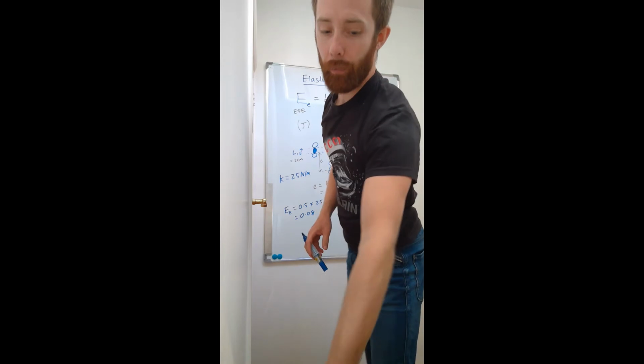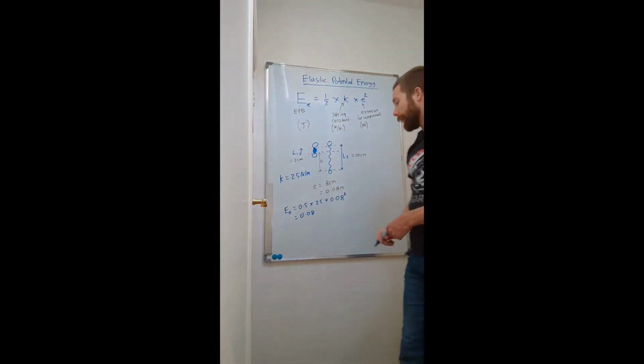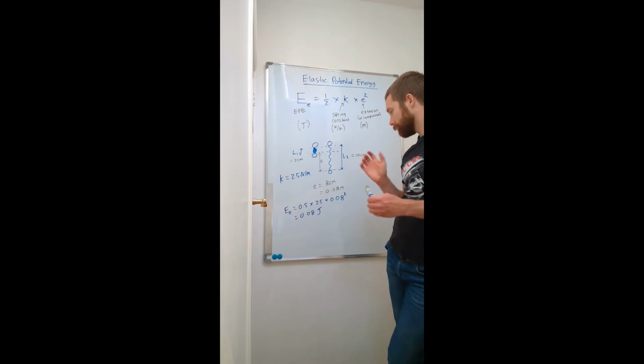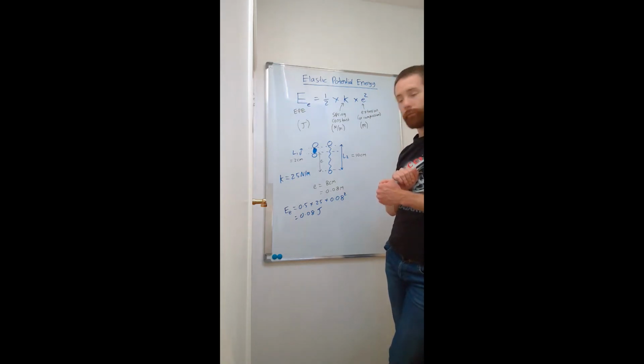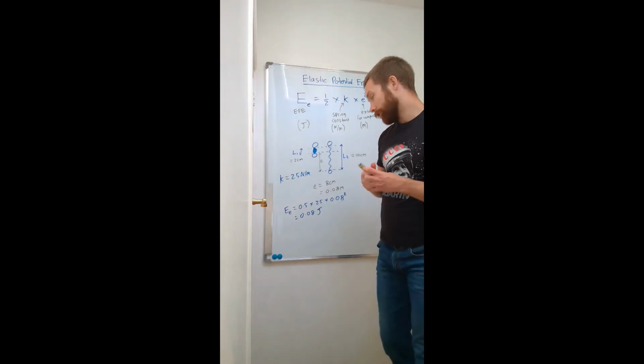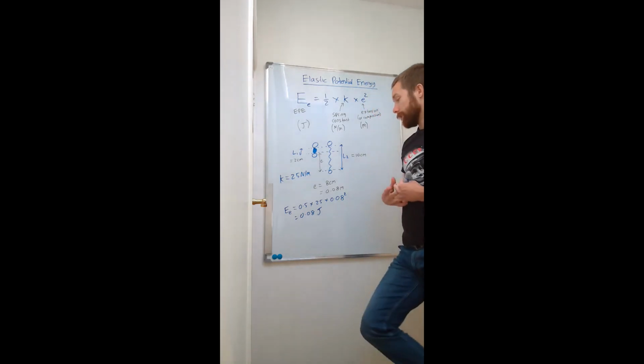I almost don't believe that, but the calculator says it is. And we therefore need a unit to this, and the unit is going to be joules. Fantastic. So that would be the amount of energy that is stored in the spring there.